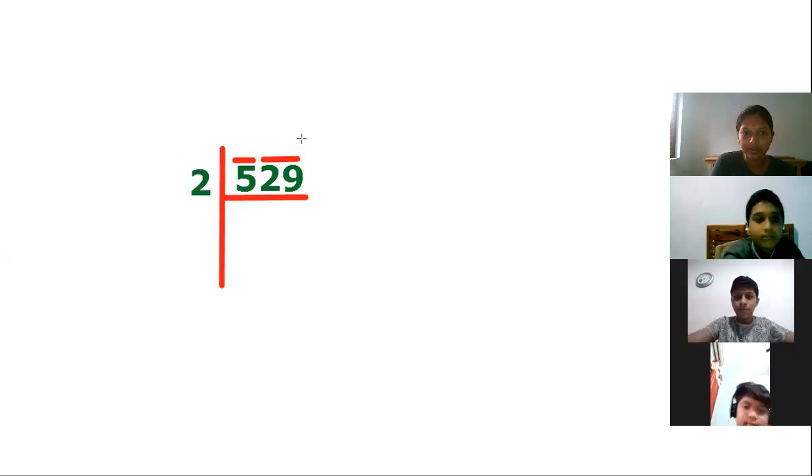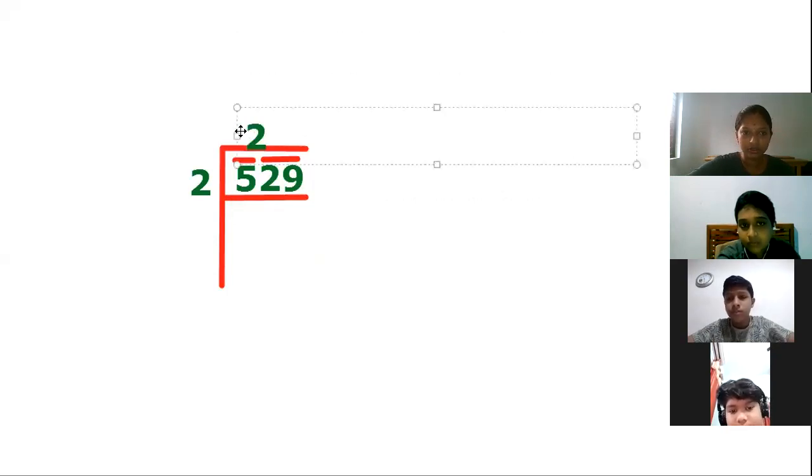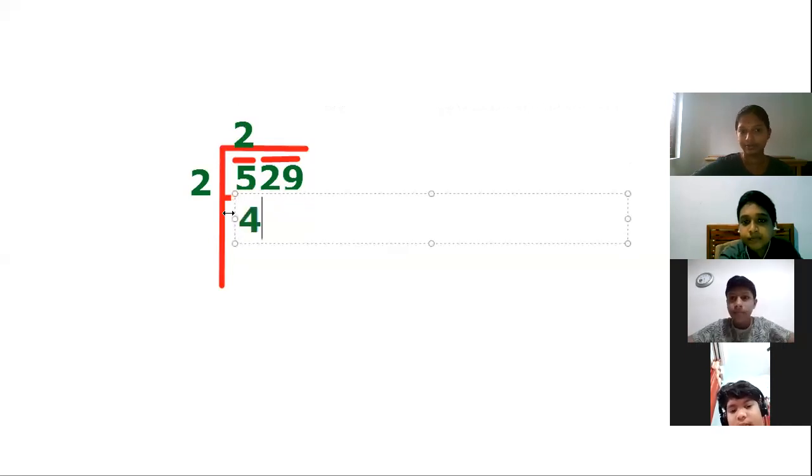Then what happens when we divide 5 by 2? 2 into 2 is 4. So we can write 2 here. Then as we have seen in our normal division, we can write 4 here. Okay. Then what happens?